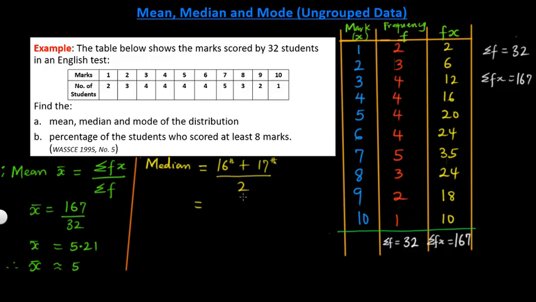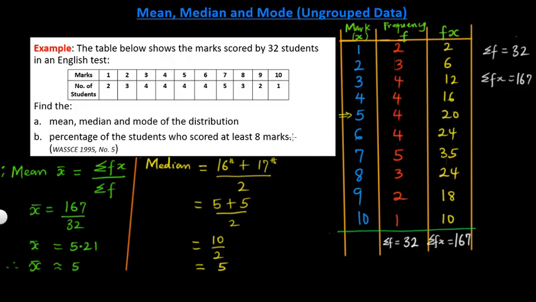So it means it's going to be 5 plus 5 divided by 2. That gives us 10 over 2, and that gives 5. So the median mark is 5. Here is where we have the median mark, 5.